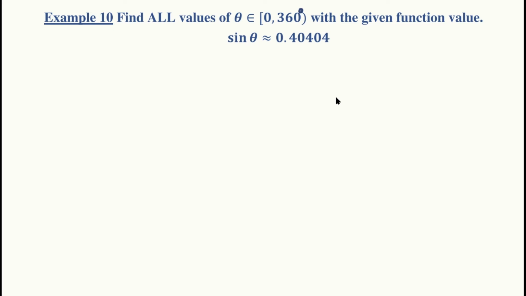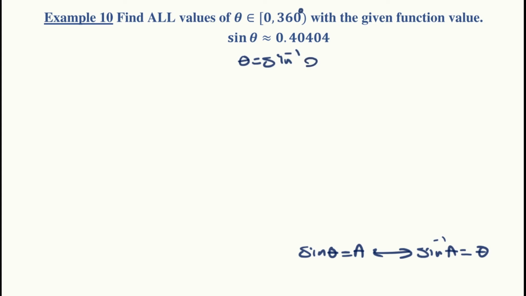Now remember, sine of theta equals a is equivalent to saying that the inverse sine of a equals theta, right? So theta here is going to be the inverse sine of 0.40404. Now remember, when we find that, that's just one angle that satisfies this equation.